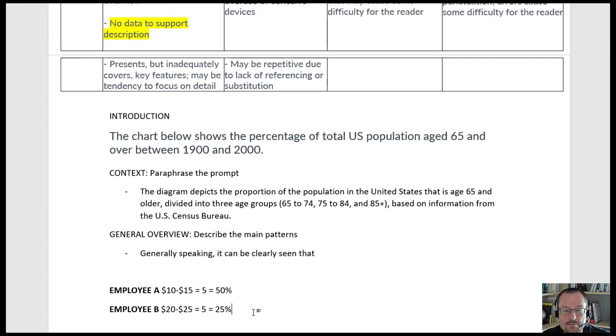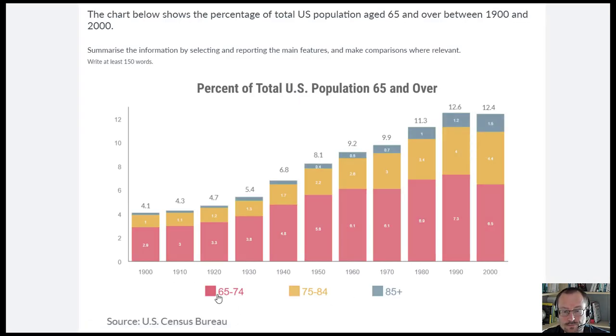So we're going to use the same method to figure out the percentage differences for the other groups. And this information we're just going to summarize in the general overview, but then it's going to be useful for our detailed sections. So let's have a look at these three groups one by one.